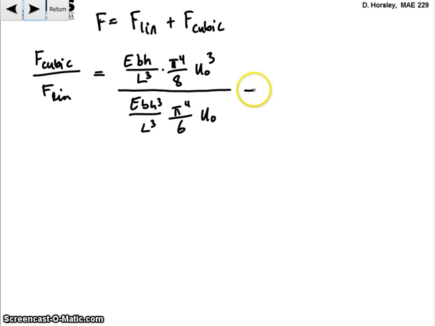A bunch of stuff cancels, fortunately. This goes away, this goes away, this goes away, the pi to the fourth.